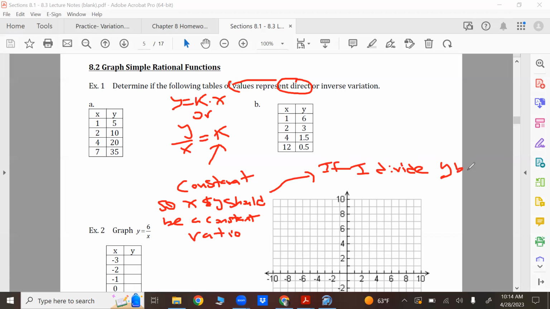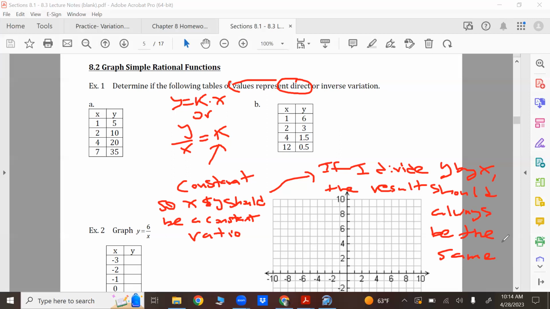Is that only for direct? 100%. Sorry for a lot of writing, but I want to make sure we're clear on this, right?